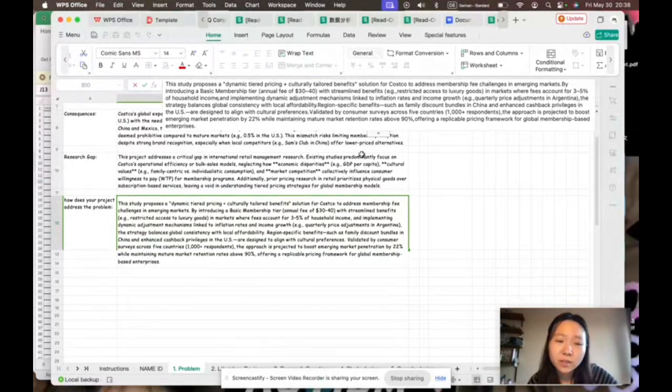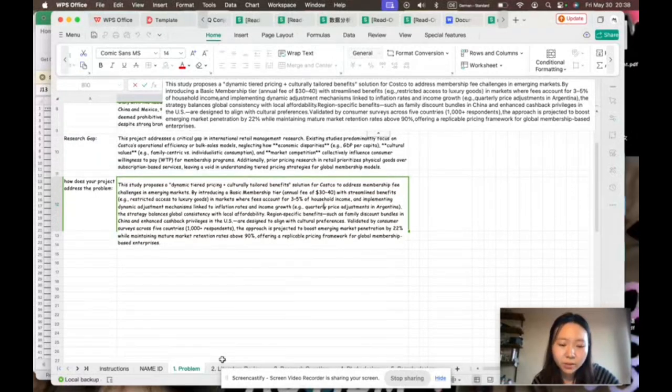This strategy balances global consistency with local affordability while maintaining mature market retention rates above 90%, offering a replicable pricing framework for global membership-based enterprises.